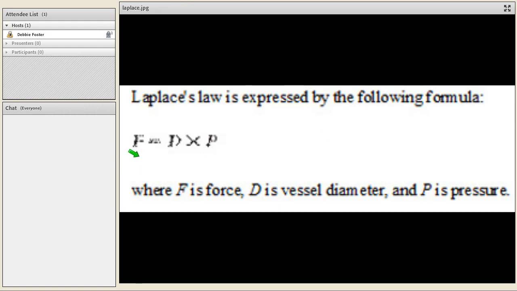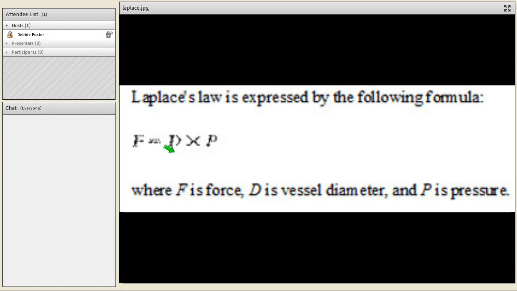The larger the diameter, the larger the force. The smaller the pressure, the larger the force of flow.